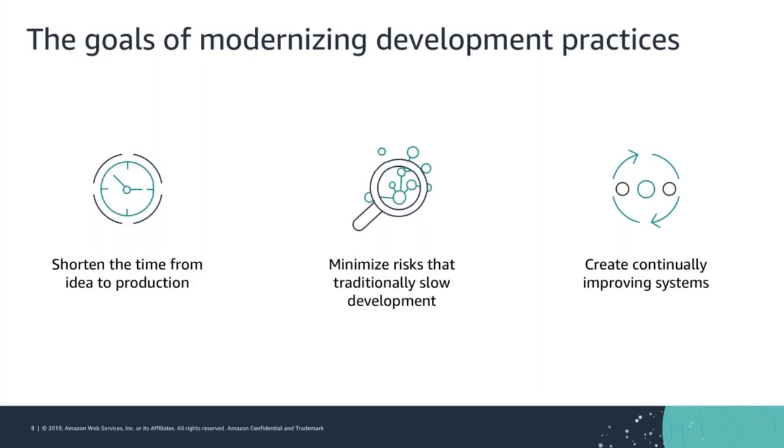So one of the key goals when it comes to modernizing your development practice is to shorten that time from idea to production. And as part of that process, your teams really need to realize that in order to shorten the time of a release cycle, they need to accept the fact that they can minimize risk, but it doesn't mean that risk is altogether eliminated. Just because you're working in these small cycles or pockets, it's not necessarily that you're not going to encounter any issues.